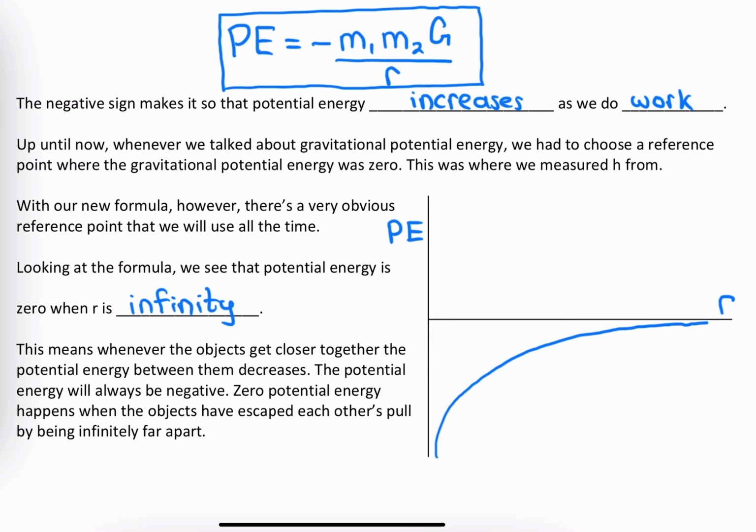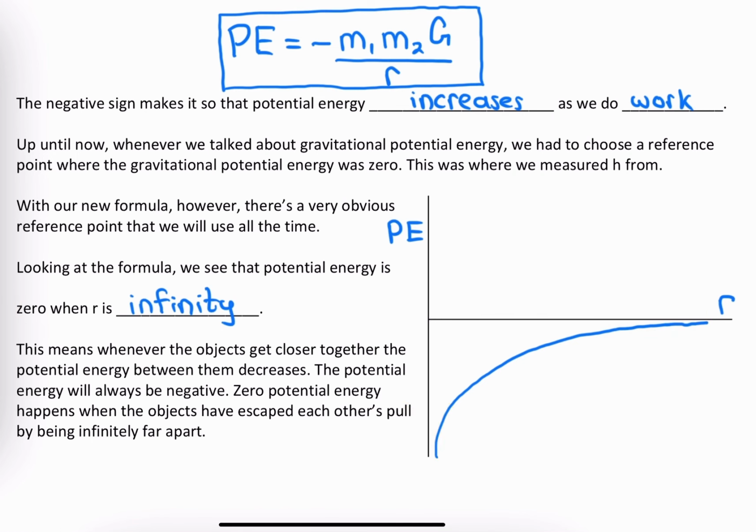So that's roughly what our graph of potential energy versus distance looks like. And you can see it sort of has two asymptotes, a vertical asymptote over here and a horizontal asymptote over here. And that horizontal asymptote is exactly what we were talking about in this point over here.